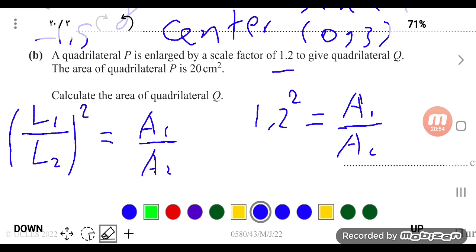And we have area 2, the area, which is 20. Now you can cross multiply: 1.2 squared times 20. You get 28.8. So here 28.8.